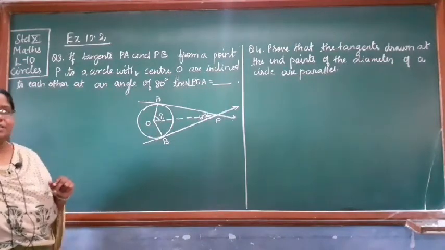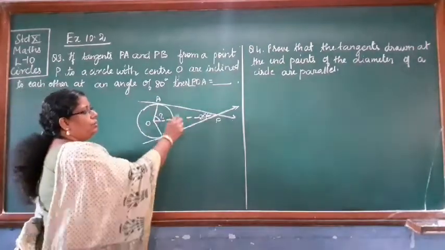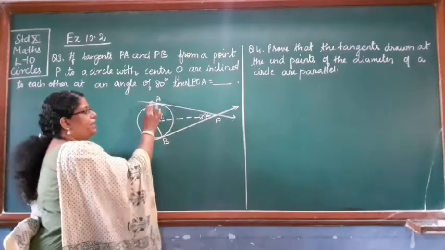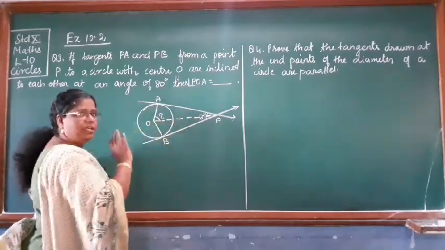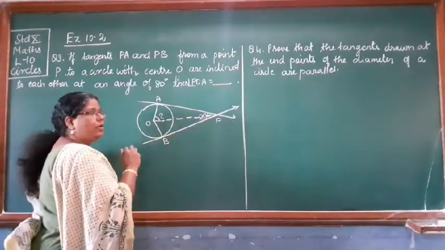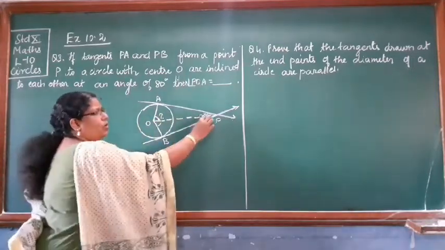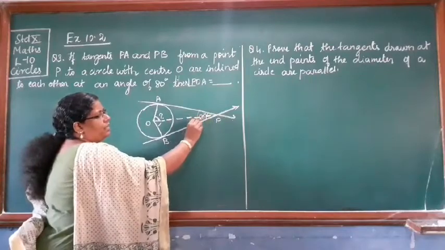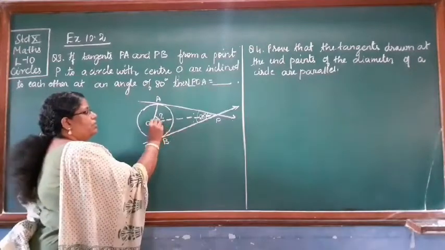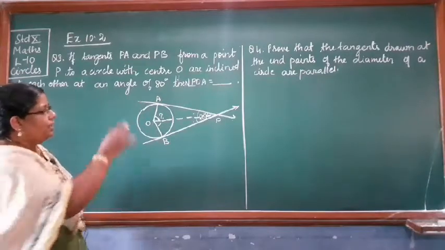This part we had seen in the first class. जब ये दोनों ट्राइंगल को हम लेके प्रूव करते हैं तो हमें मिल जाता है कि ये दोनों ट्राइंगल कॉन्ग्रुएंट है, triangles AOP and BOP. When the two triangles are congruent, their corresponding angles will also be congruent, मतलब ये दोनों angle equal है. Also we had seen that these two angles are also congruent, but that we don't require here. We are more concerned with this angle POA. So keep that in mind and then try to solve it.